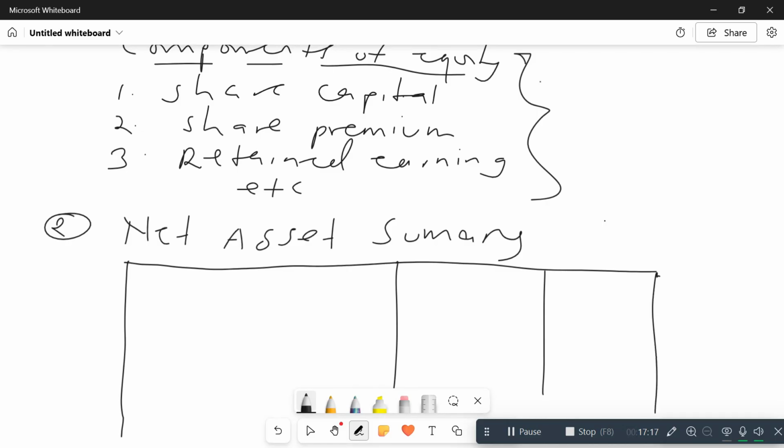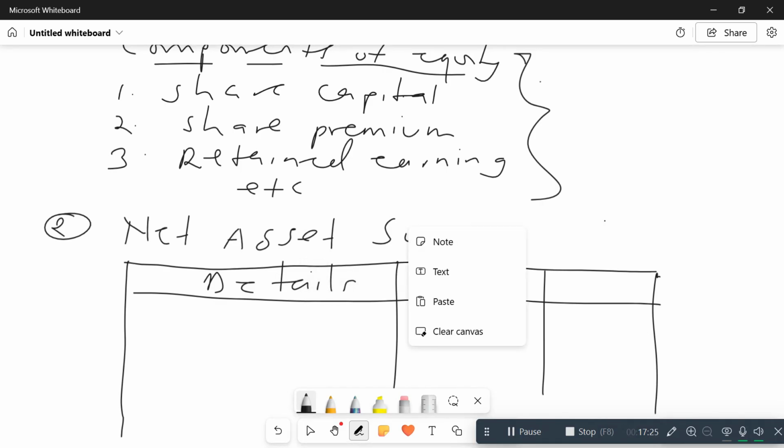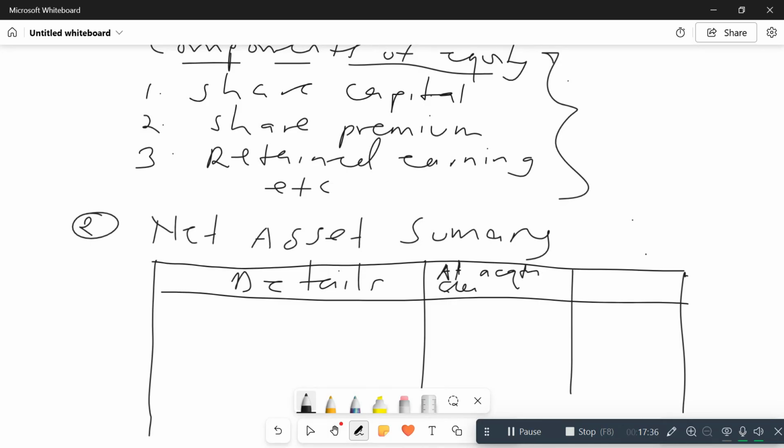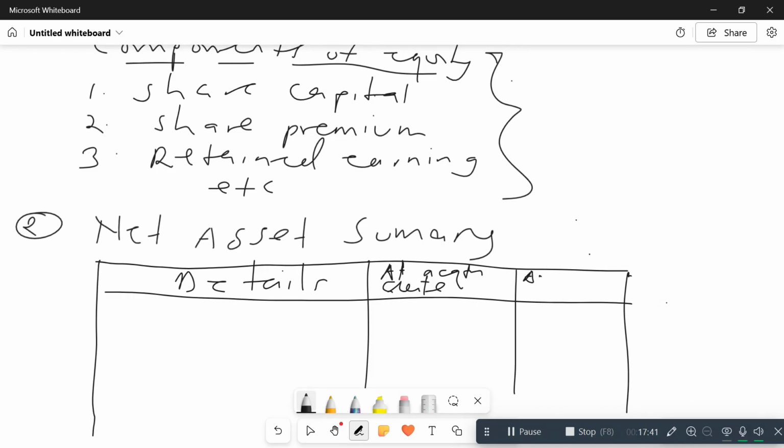Yes, you draw a simple table here, and here you put details. Here you put at acquisition date, then at reporting date. We have at acquisition and you have even at reporting.